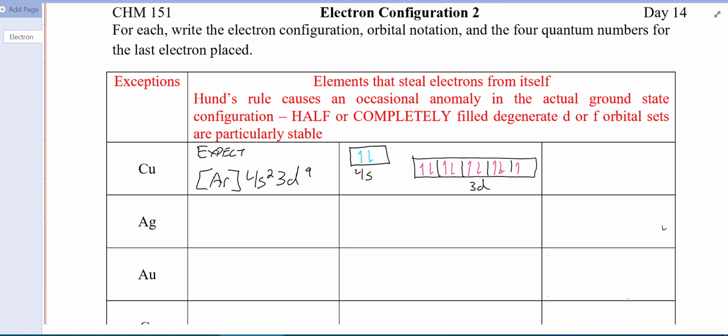And so a lot of times one of these electrons here, it doesn't matter which one, we usually use the one down, will move down there. So we actually get argon 4s1 3d10. That's what we usually get, just because it's more stable.